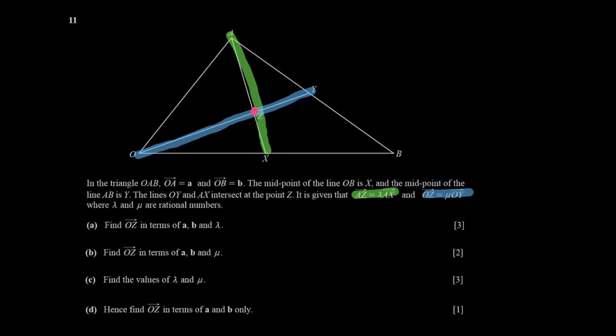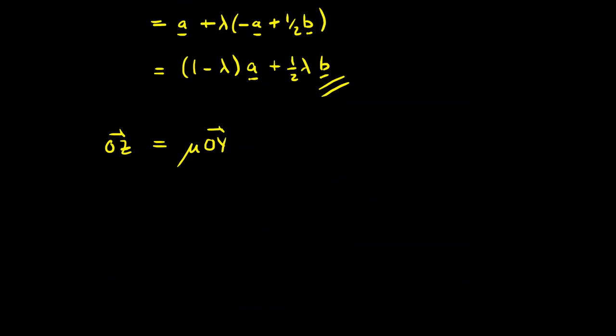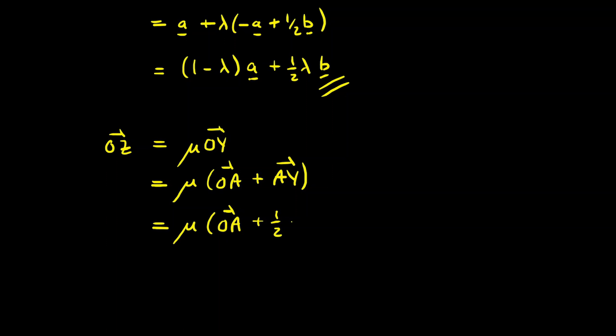We could go from O to A and then A to Y. We also know that A to Y is half of the vector A to B. So OY is the vector O to A plus A to Y, and that's the same thing as O to A plus a half of A to B.